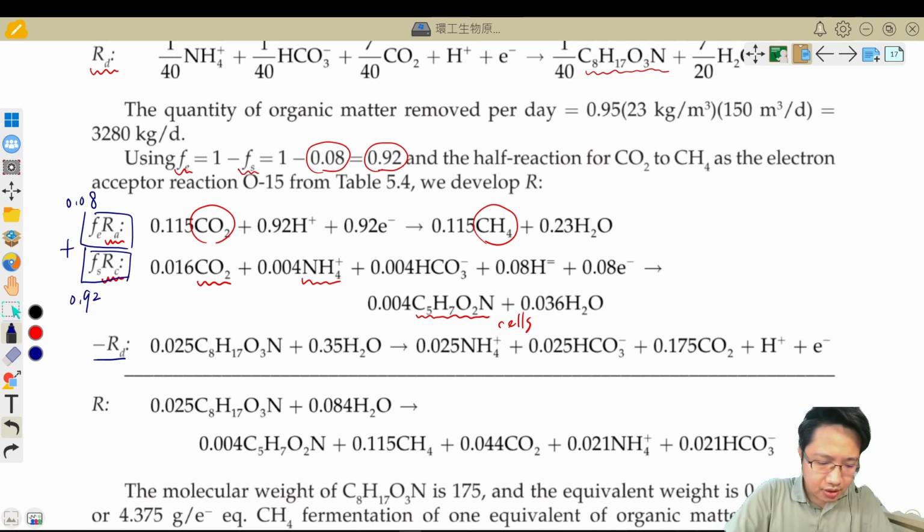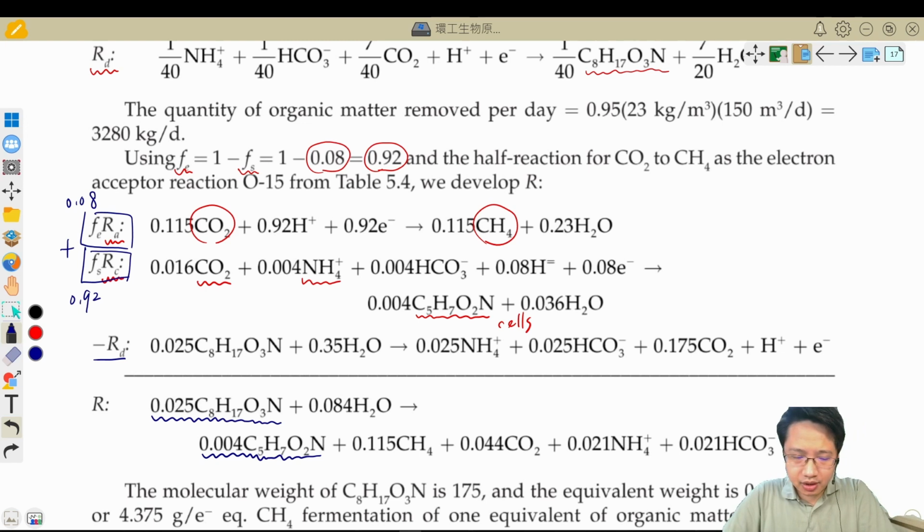Basically, you use 0.025 molar of the wastewater, and then you will generate only 0.004 molar of the bacterial cells, 0.115 molar of the methane, and also produce 0.044 molar of the CO2.